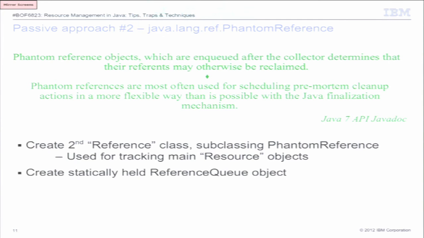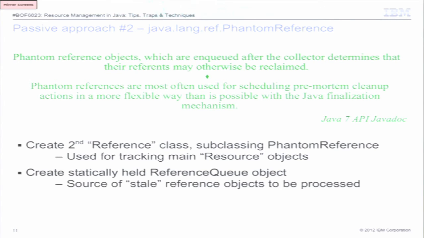We also need to create a statically held reference queue object, that is a java.lang.ref.ReferenceQueue object. And basically, the GC will place the instances of our reference class onto the reference queue at the point at which the resource objects are only referred to by the phantom reference objects, or by the reference class objects.